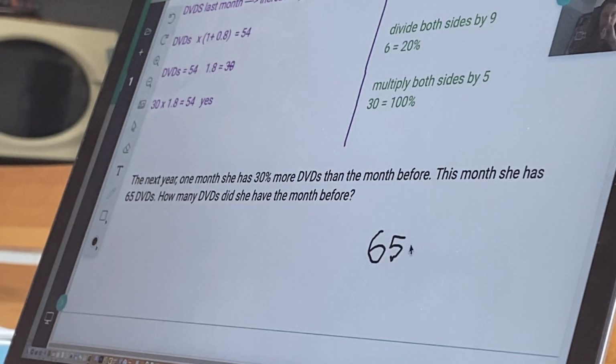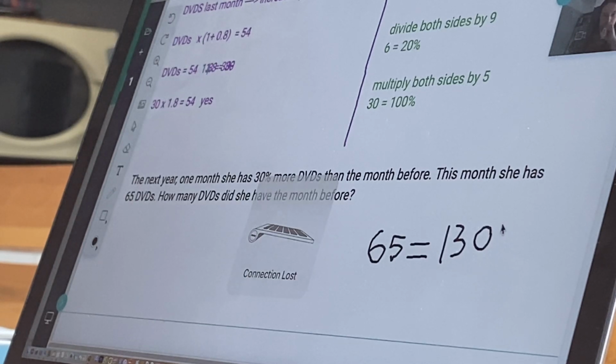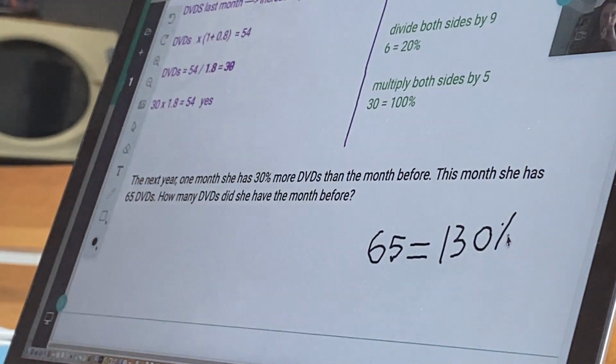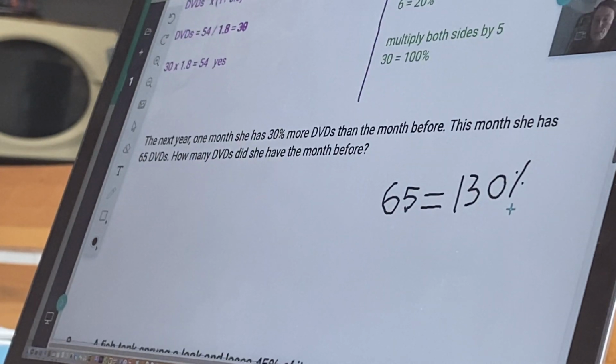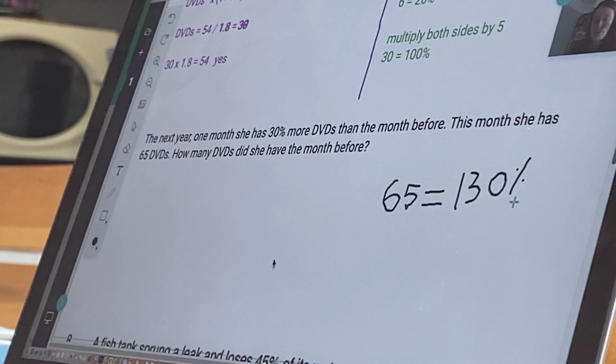Excellent. So we could divide both sides by 5, or we could do 10. 5's probably easier.